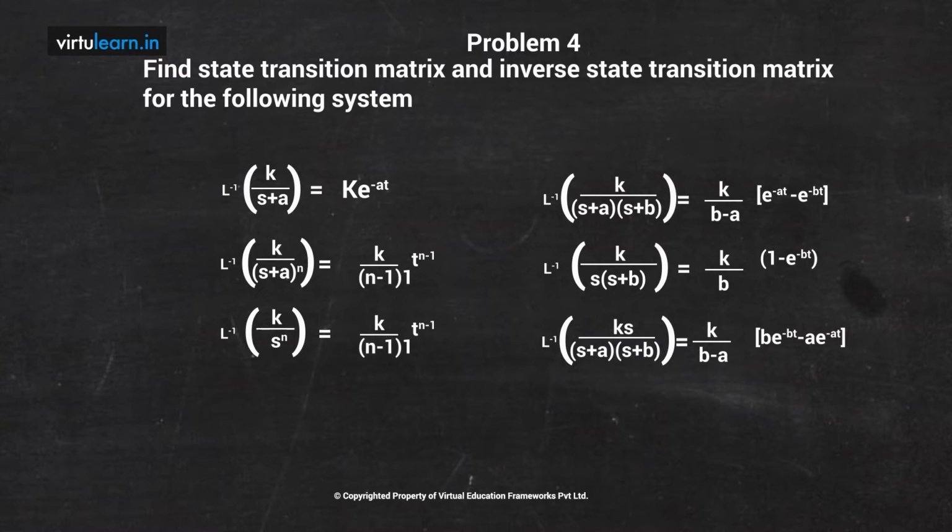Similarly, if you have the inverse Laplace transform of ks by (s plus a)(s plus b), with s in the numerator, then it is k by (b minus a) times (b e power minus bt minus a e power minus at). These 6 or 7 formulas are very important, especially in state model or state space analysis, where you can directly convert phi of s into phi of t, or x of s into x of t. The inverse Laplace transform is very useful.